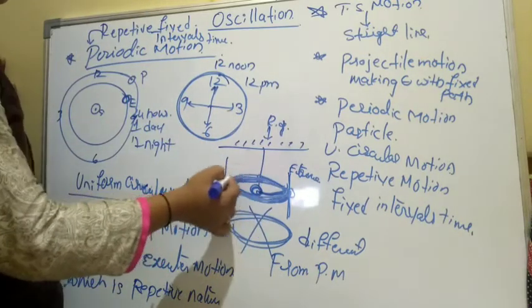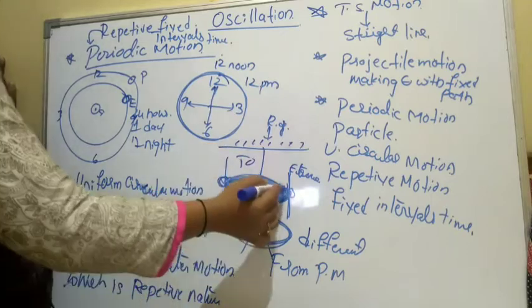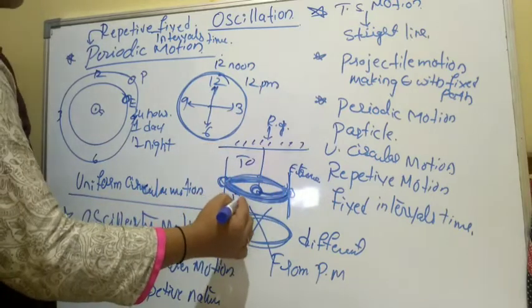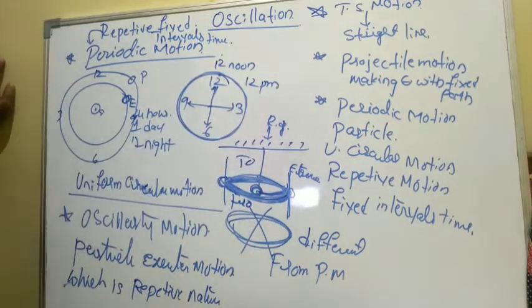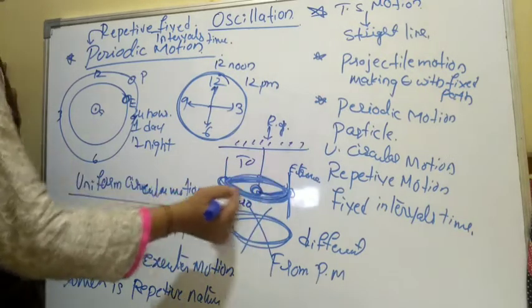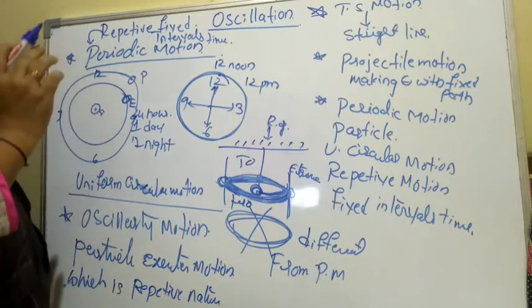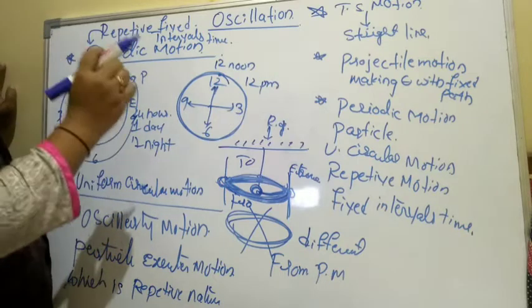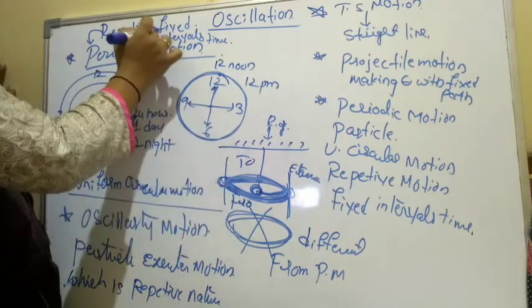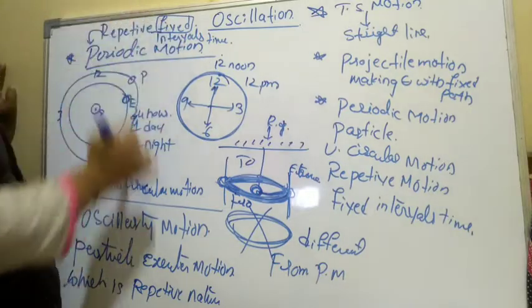This journey is one motion, and this journey is a to and fro motion. To and fro motion of a particle about a fixed point. Here I can say it is at fixed intervals of time.